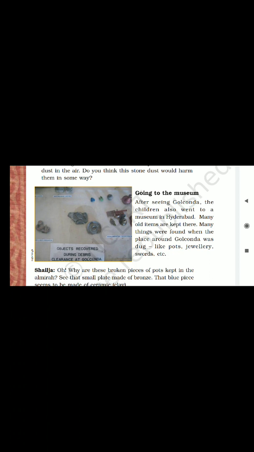So these are the items which were found from Golconda, and these items were antique, and these are the things that were used by the people living in Golconda during those days.